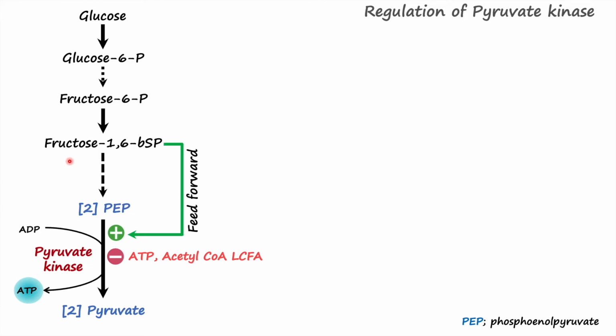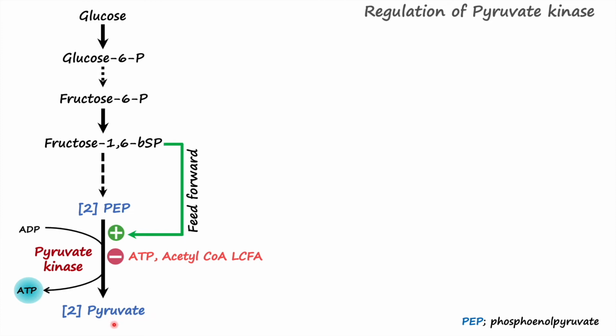To say it differently, fructose 1,6 bisphosphate is giving a heads up to the pyruvate kinase enzyme about the increased workload coming ahead on its way. So it is almost preparing pyruvate kinase for the amount of workload it has to carry to ensure that the glycolysis pathway is moving forward.